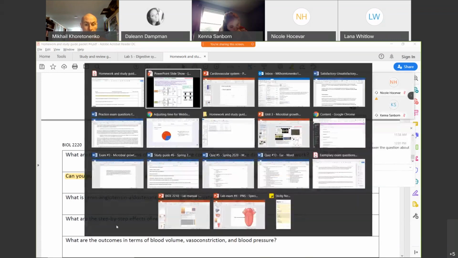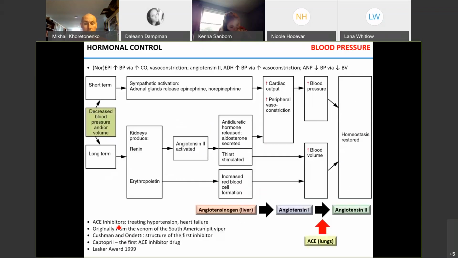I think we have this. Yeah, here. Okay. So it shows you here renin, angiotensin 1, angiotensin 2. And angiotensin leads to the increased blood volume and increased blood pressure.